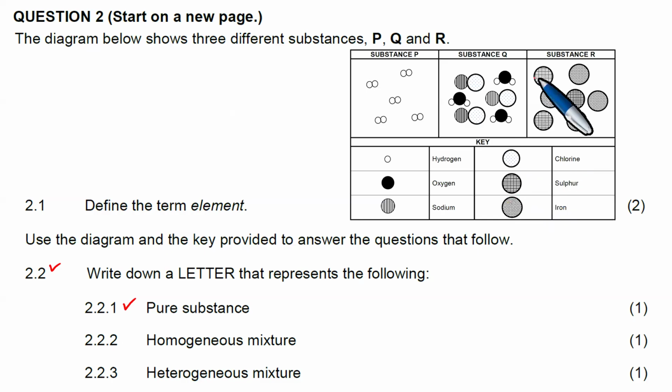The one with crosses inside is called sulfur. The one with slanted lines is called iron. It's just the key. The examiner called it a key. It's just the key to understand.